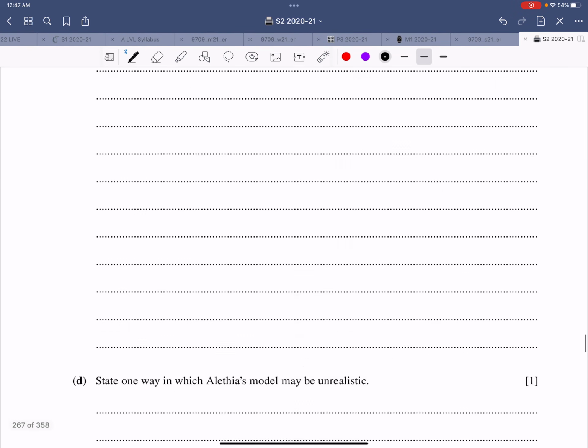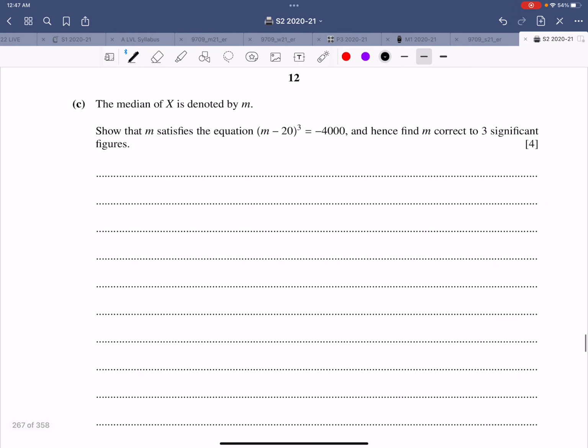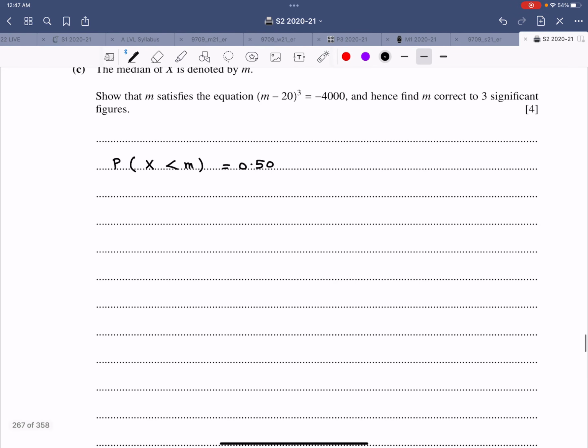Now coming to the second last part, the median of x is denoted by m. What is the rule for median? Probability x less than the median is 50% of the distribution. So your lower limit is 0, your upper limit is m, your function is x minus 20 the whole thing square dx equals 0.5, and I'll write this as half.